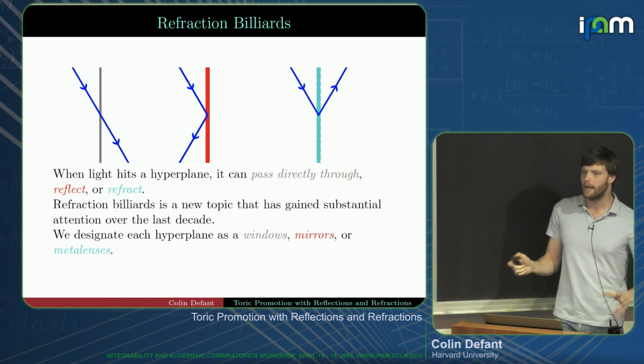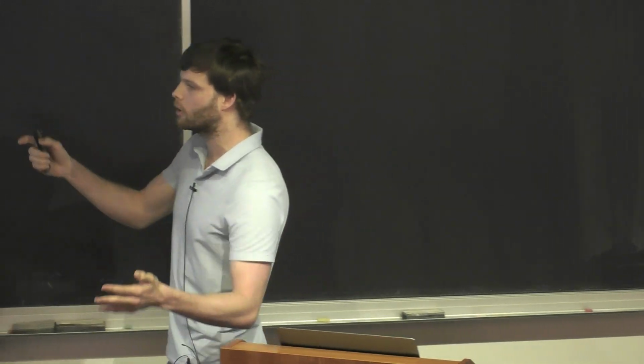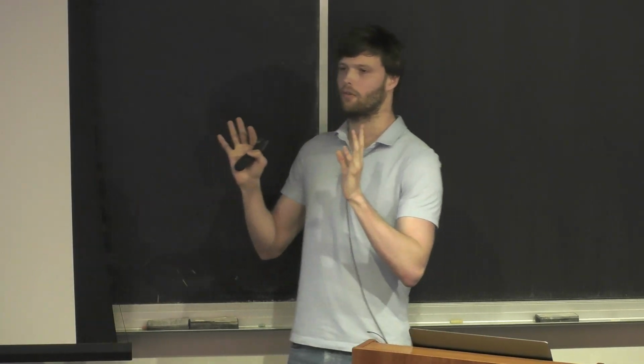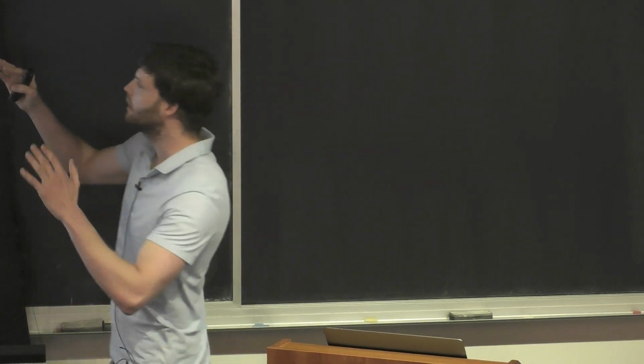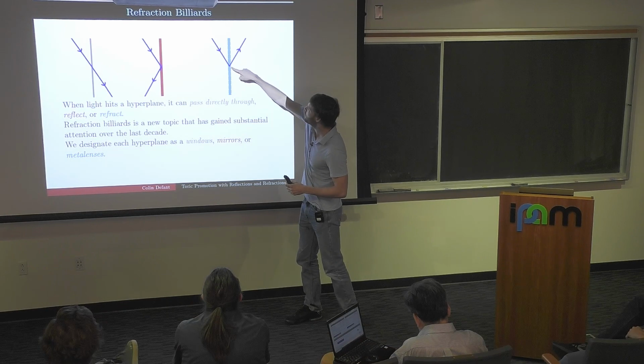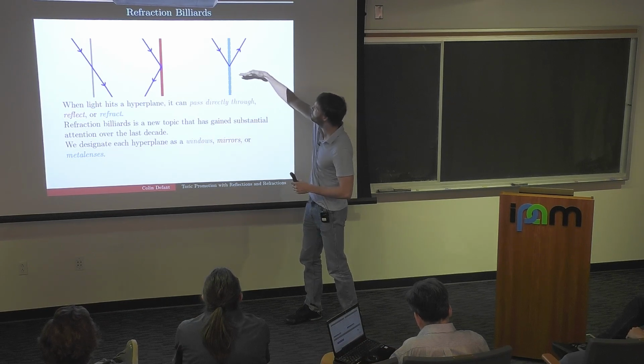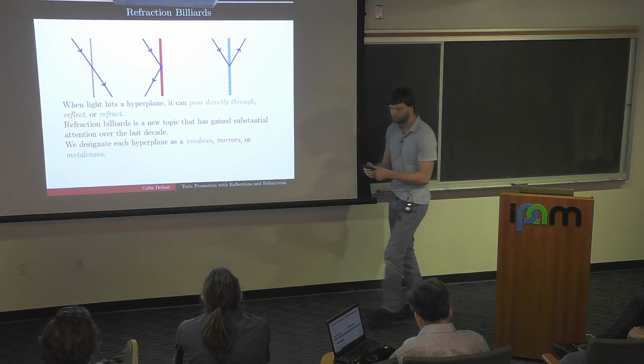So the reason it's called a meta lens is because, in the real world, you actually can't have a negative coefficient of refraction. Snell's law says that actually the coefficient of refraction has to be positive. That would correspond here to saying that the new direction of my beam of light should be somewhere below the horizontal axis.